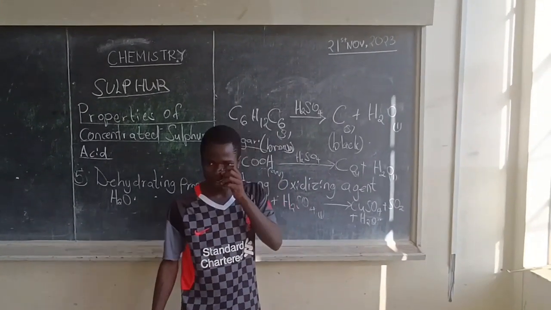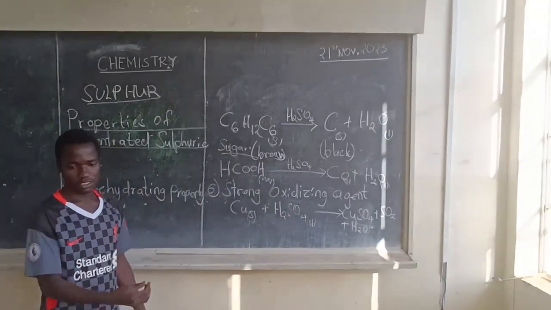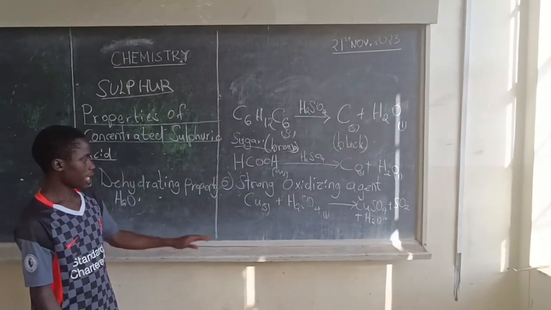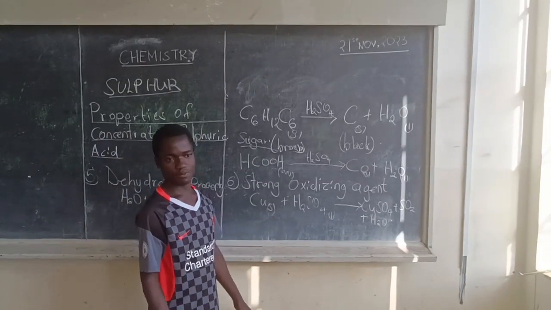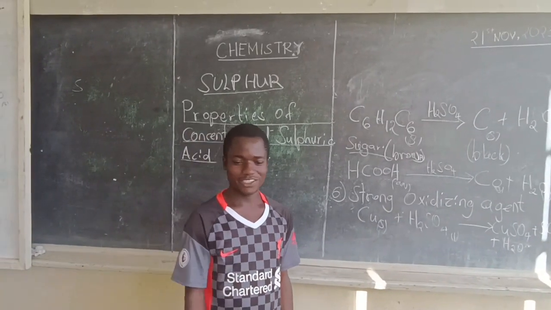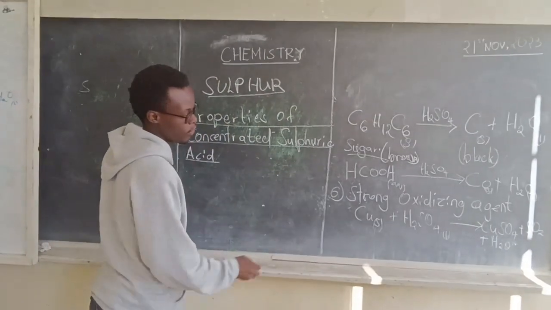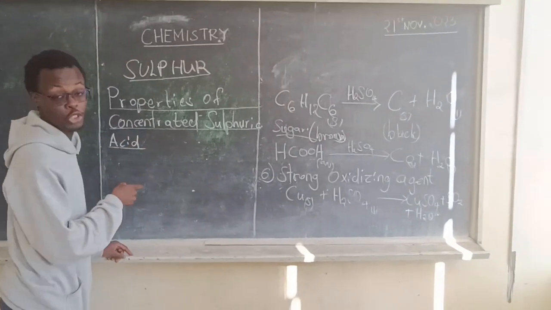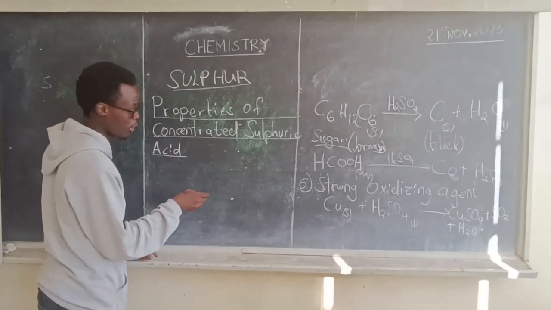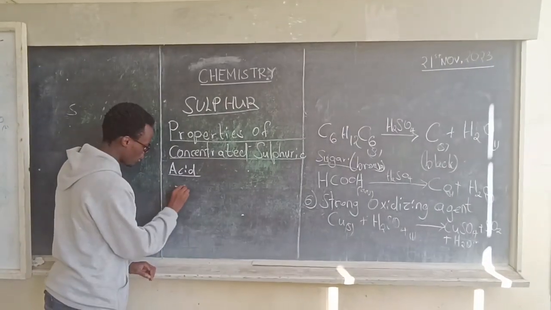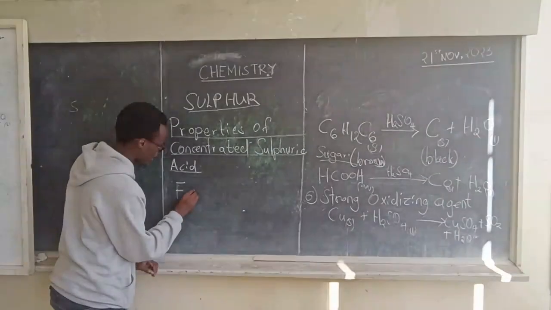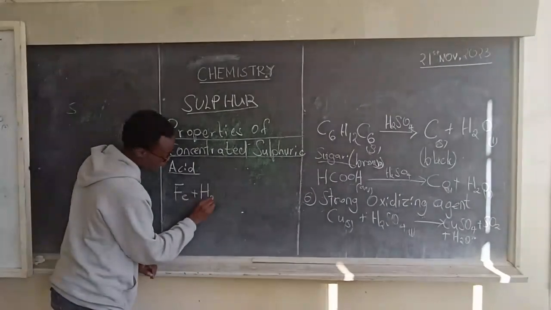Somebody to come and write for us the equation for iron and sulfuric acid. Yes, Macaulay? From that equation, you can write an equation for iron. It will be iron plus sulfuric acid.